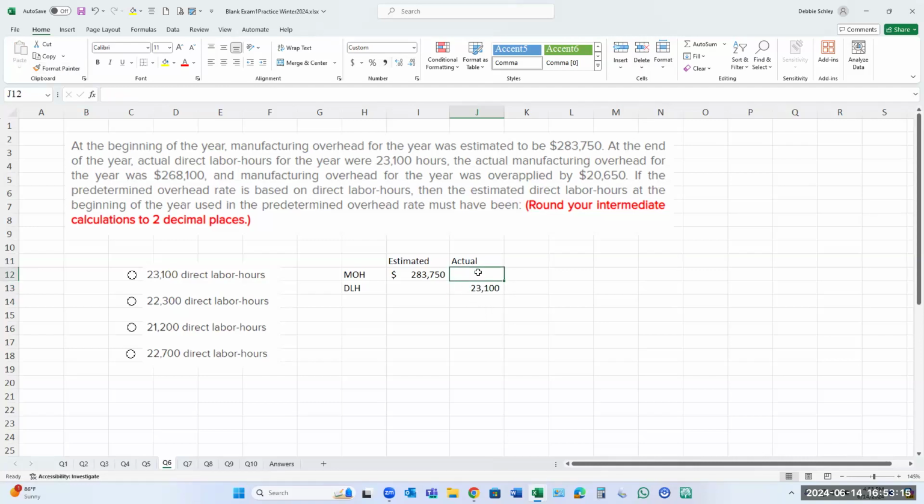The actual manufacturing overhead for the year was 268,100. Manufacturing overhead was over applied by 20,650.